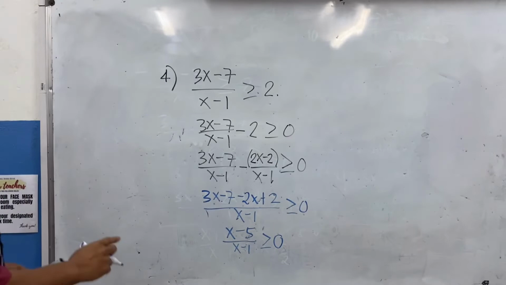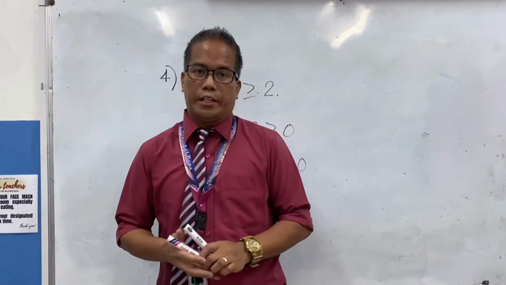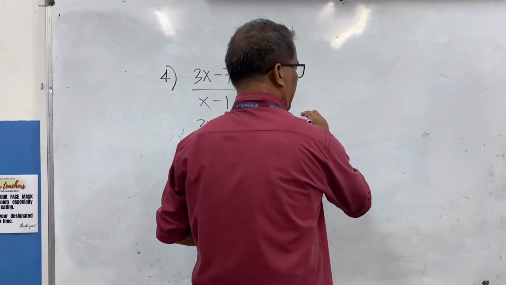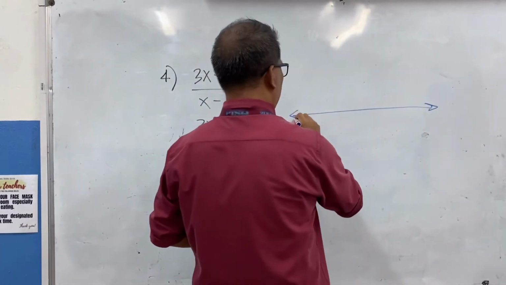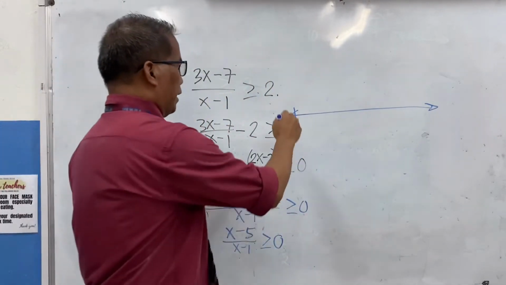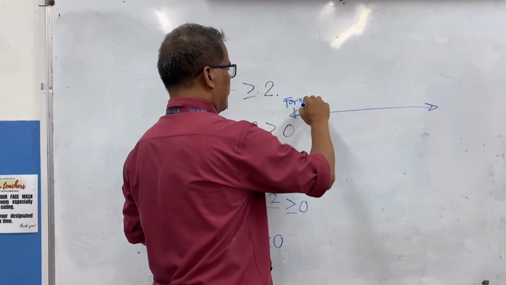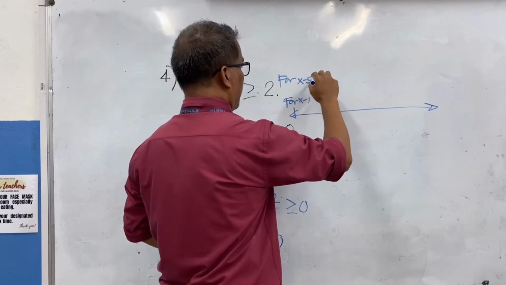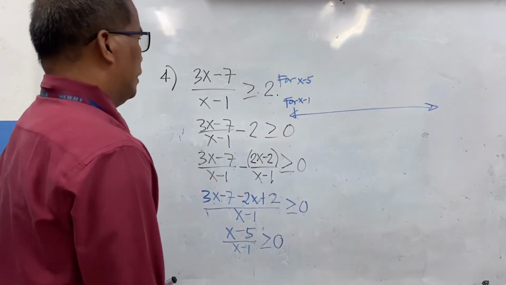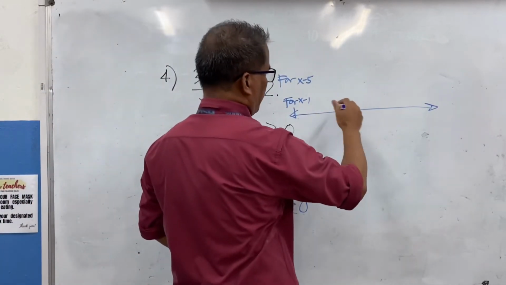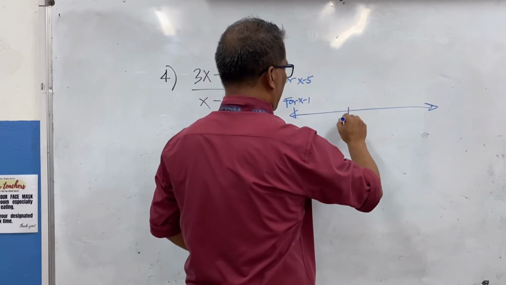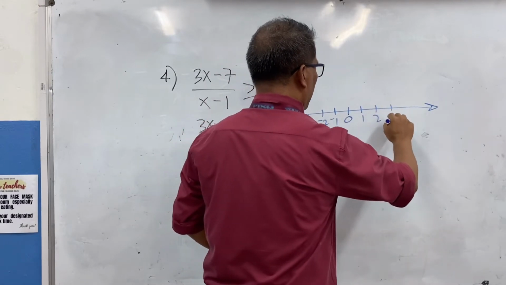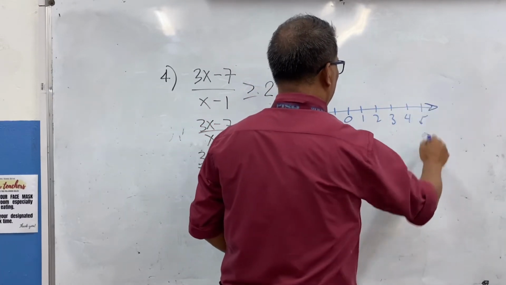So in this case, we are going to use now the sign graph. So let's have it here. For x minus 1, then for x minus 5. In order to make this 0, we have now positive 1. So let us assign here 0, negative 1, negative 2, 1, 2, 3, 4, 5.